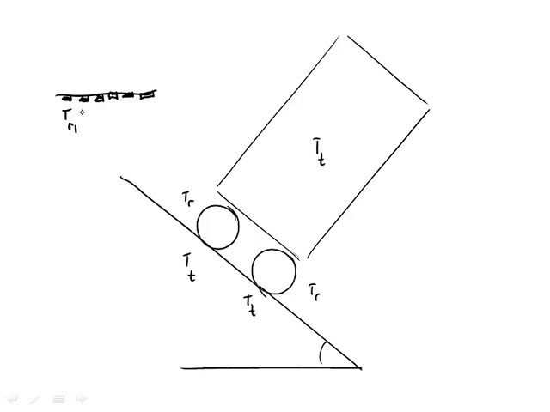T rotational 1, T translational 1, where there's wheel number 1, wheel number 2, so T rotational 2, T translational 2, and then just T translational for the cabinet. But then there's a gravitational potential energy as well. And I would have those same blocks of energy at the bottom. At the top, it would just have some potential energy, and then at the bottom, all these blocks would be distributed into these kinetic energies.